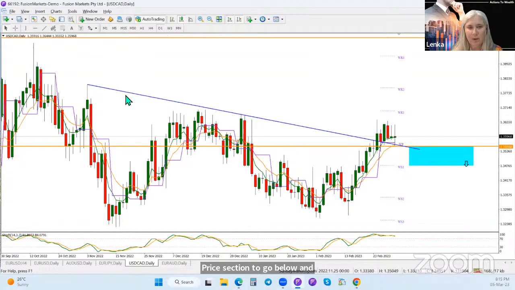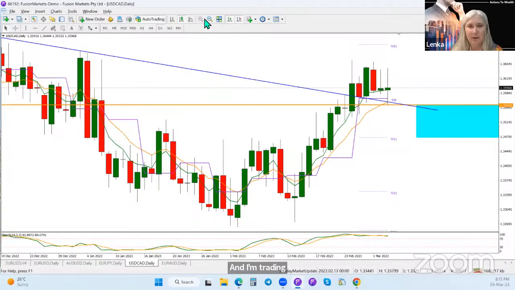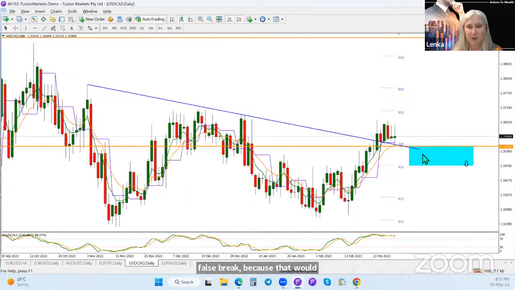And daily, we have the most recent trend line here in the blue. So what I'm looking at currently, the price is above, and I'm treating that as a potential setup for a false break, because that would be great for my trade setup that I would be looking at inside the range and to go short.